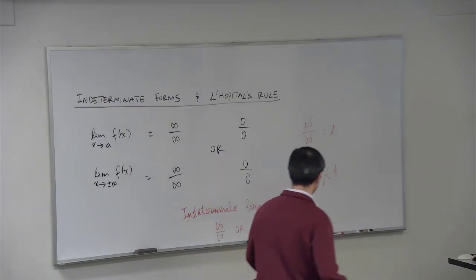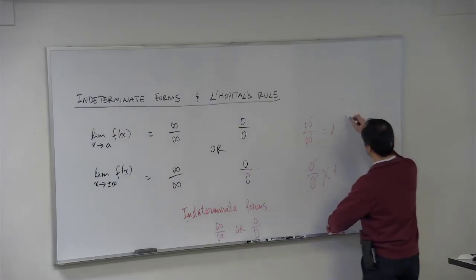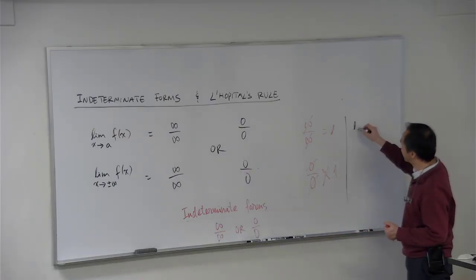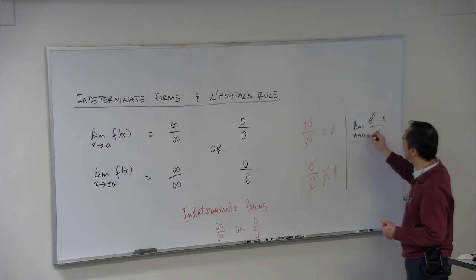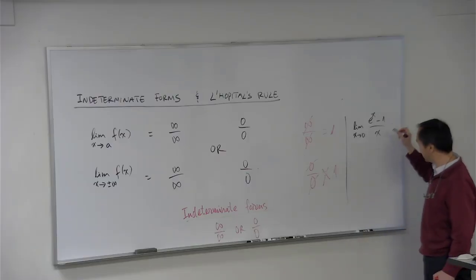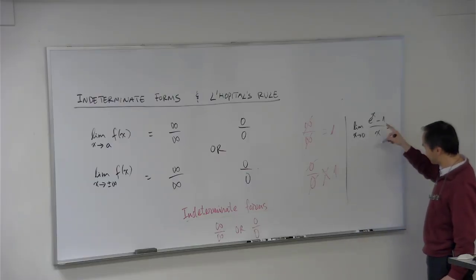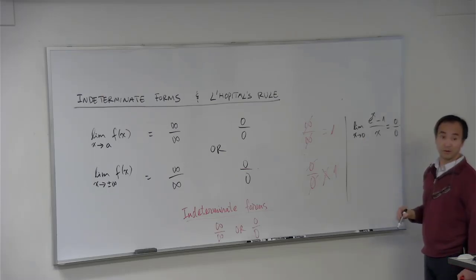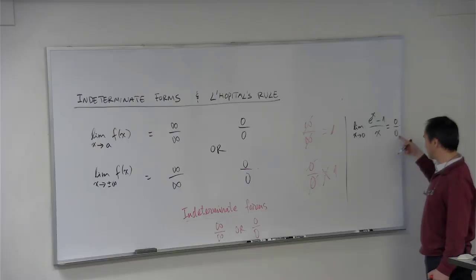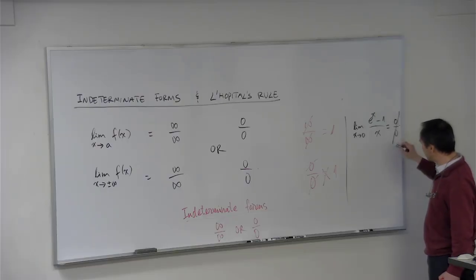Throughout our time learning limits, you have already seen the limit of e to the x minus 1 over x, this famous limit that we learned way back. If you follow the limit laws, it just gives you 0 over 0. But we don't cancel the 0 to make it 1.